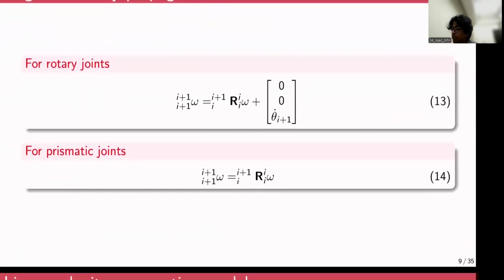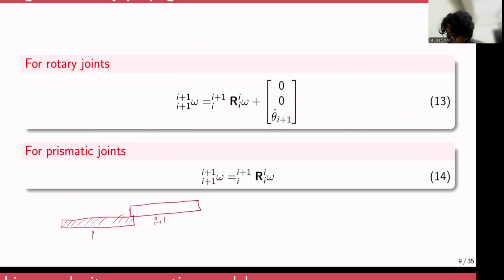And now, when we carry that to the relevant terms that we actually want, we have to propagate the angular velocities from the base to the end effector, and then we also have to propagate the linear velocities from the base to the end effector. So, for example, if you have a link i, something like this, and a link i plus 1, I'll label this as i plus 1.